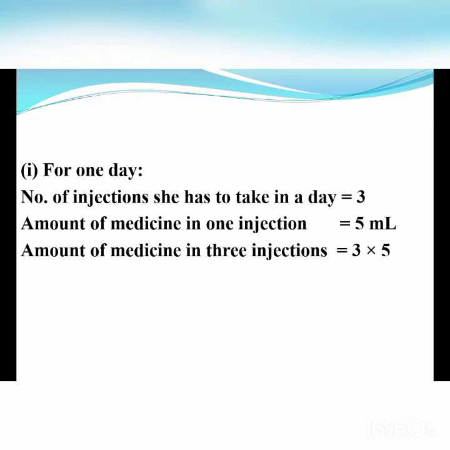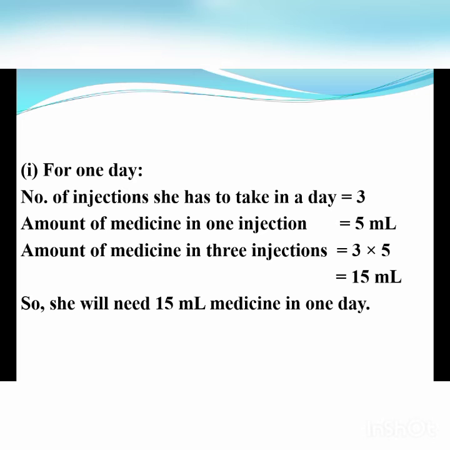So we can say the total amount of medicine in 3 injections will be 3 multiplied by 5. 3 times 5. And we know 3 5s are, yes, 15 milliliters. So we can say she will need 15 milliliters of medicine in 1 day.